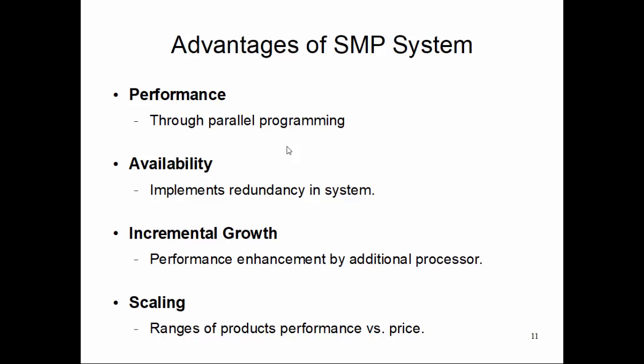Also, it implements redundancy in the system. Let's say you have 10 processors, right? And they're all electronic components, so they can go bad at any time. After 4 years, 5 years, usually the tendency to go bad grows almost exponentially as time goes. So it might happen that one or two processors are down, just burnt out. In that case, since the system still has 8 other processors, your system won't be completely down.